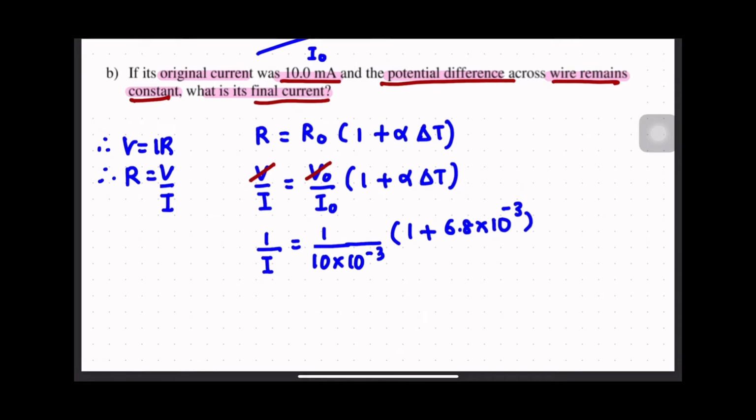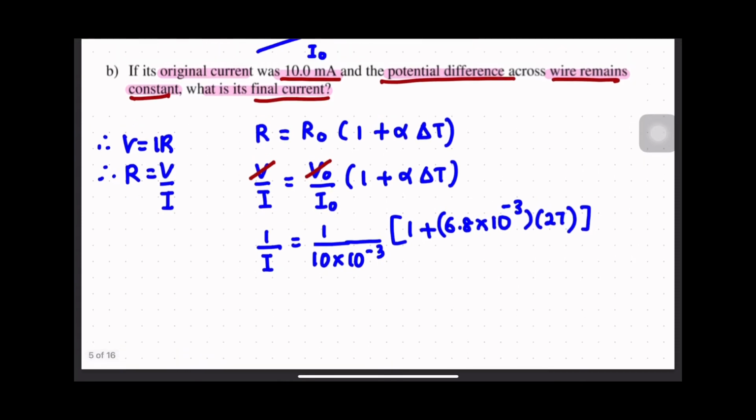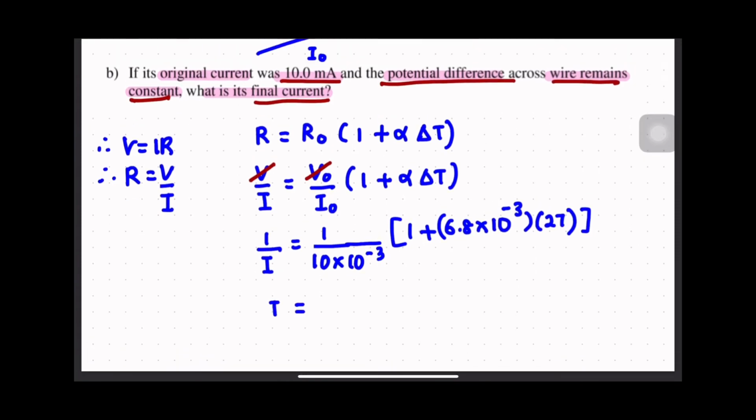Okay, and then jangan lupa dia ada change of T 27. Okay, sepatutnya tutup kurungan macam ni lah. Alright. So, we get the value of I is equal to 8.45 times 10 to power of negative 3 ampere.